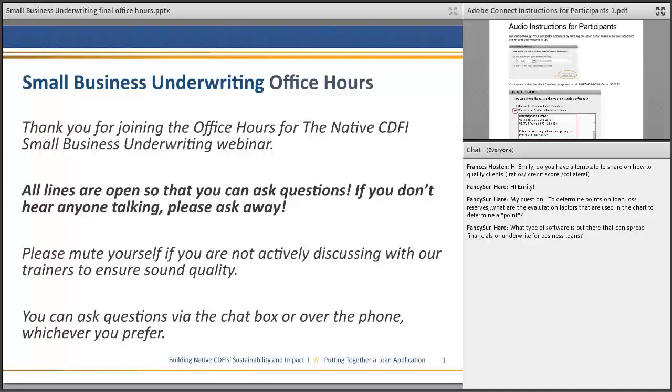Well, I don't know that we have a certain best practice we can recommend, but usually when people are looking at cash flow, they're looking at a debt to income ratio.